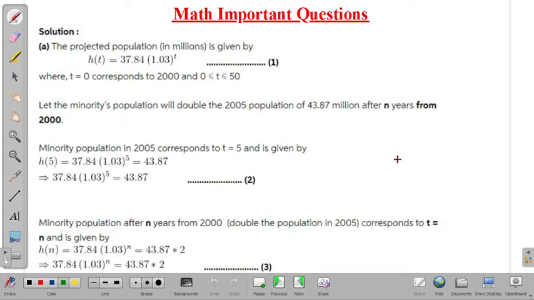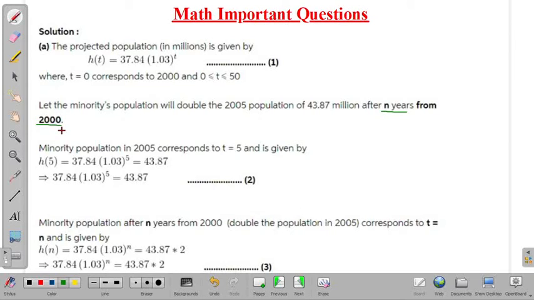See, for the first minority, the projected population is given by the function s(t) = 37.84 times 1.03 to the power t, where t = 0 corresponds to 2000 and t varies from 0 to 50. So we are assuming that the population will be double that of the 2005 population after n years from 2000, not from 2005.